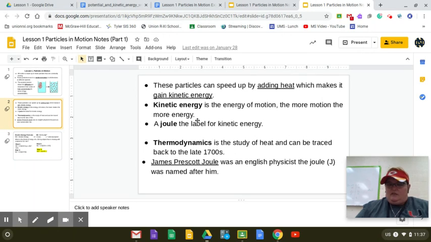Thermodynamics is the study of this process of how much heat is either being added to or released from objects, and how much it has in it already. And the guy that's given the credit for this is James Prescott Joule. He was an English physicist, and of course, the name joule came after him.